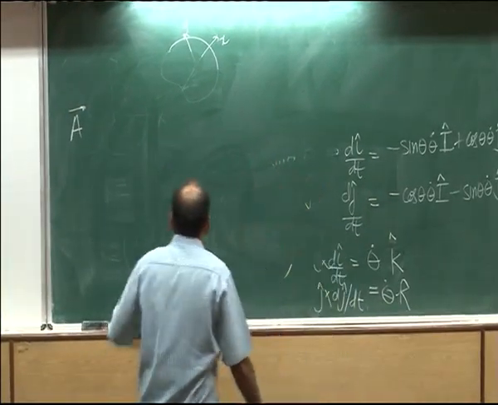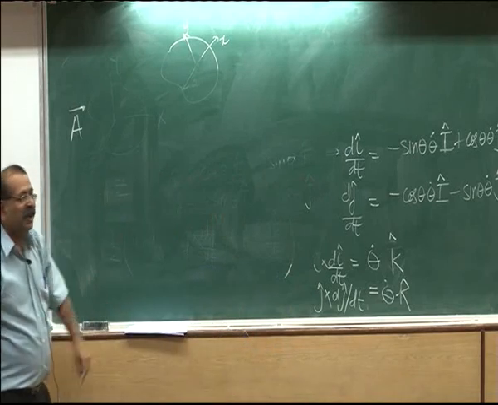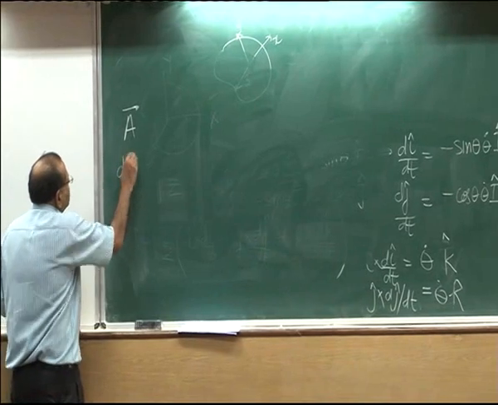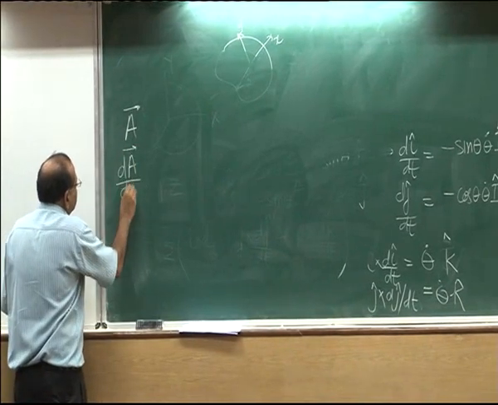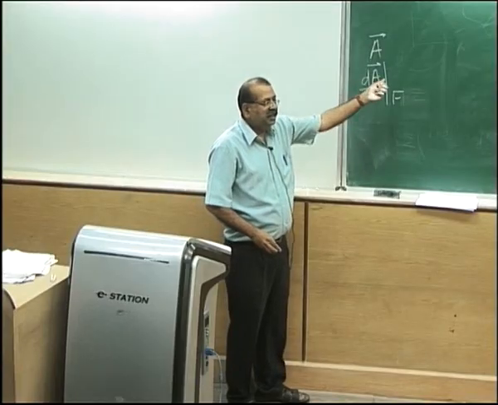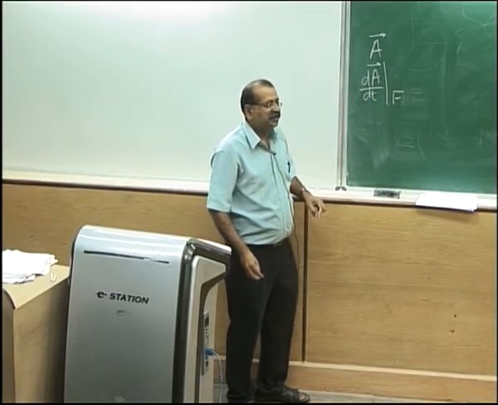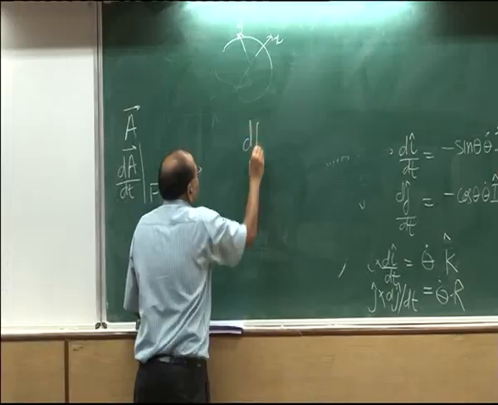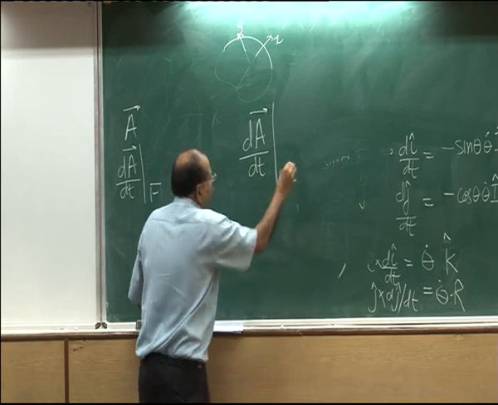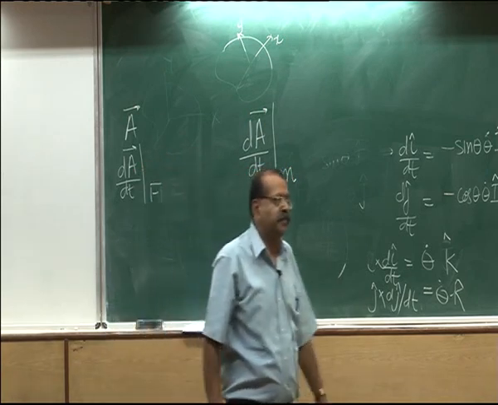In fact, probably I do two things before I leave you. So now, if I have a vector A, what I want to find out is, if you find dA by dt as seen from frame F and dA by dt as observed from frame M.